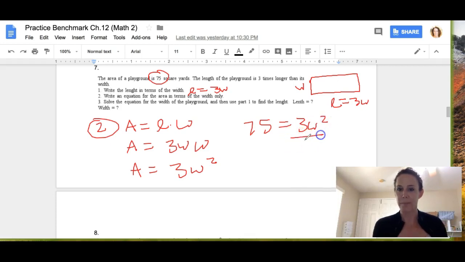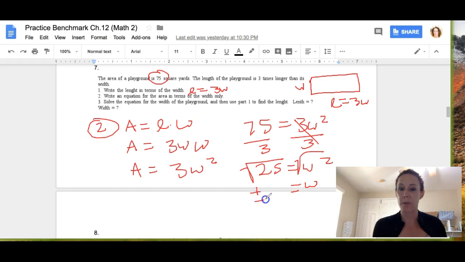Solve for w squared. I'm going to use the square root method. I'm going to divide both sides by 3. 75 divided by 3 is 25, and that's w squared. And now I'm going to square root both sides, and when you square root both sides, you get a plus or minus solution. This gives me plus or minus 5. Now I get to throw out the negative 5 because width is not going to be negative. So positive 5 is my width.